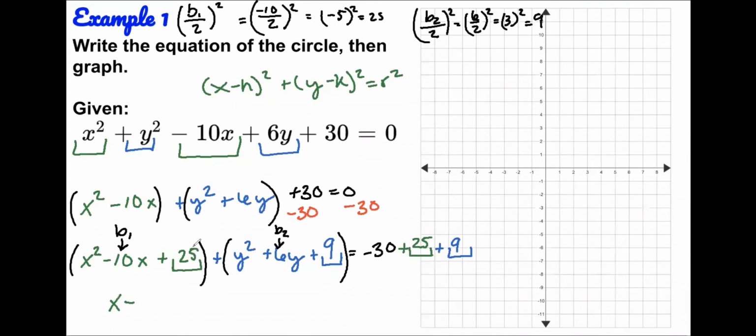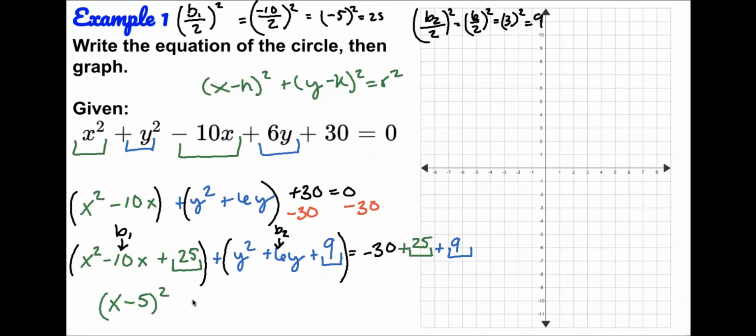What two numbers give me 25 when I multiply them and give me negative 10 when I add them? It would be negative 5, right? Negative 5 squared. So from here we factor.